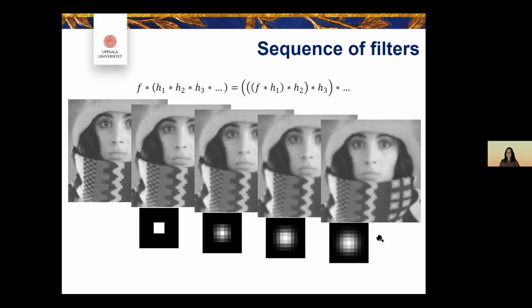An example is shown here where we are performing subsequent filtering of this input image by, let's say, averaging in a square neighborhood. Then we have a filter which looks like this, and then it is performed further and further.